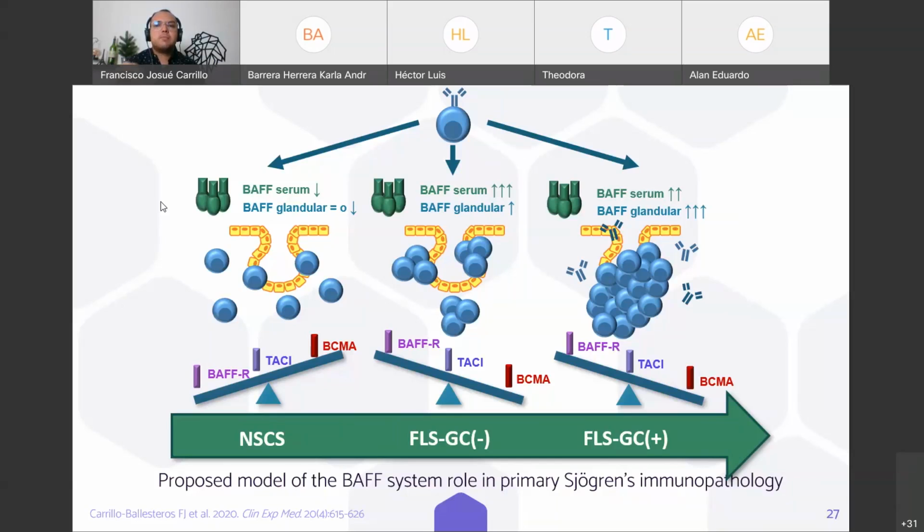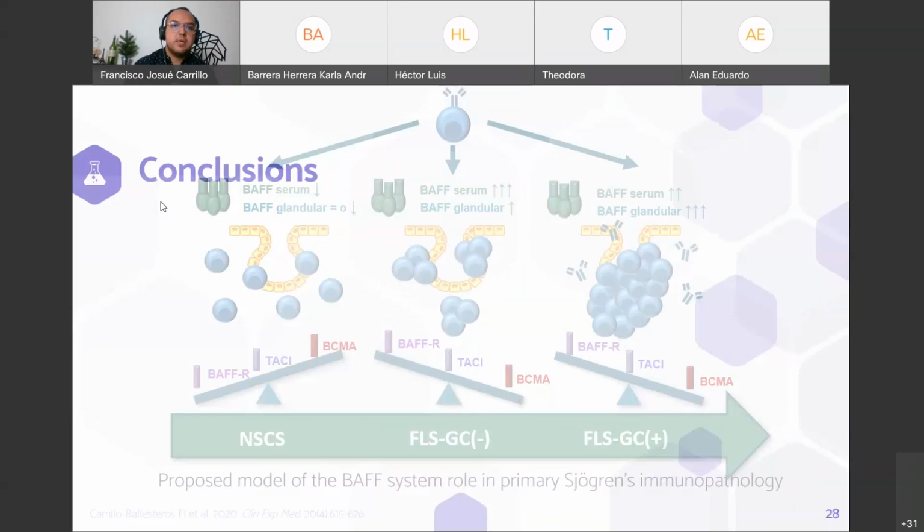So this could be maybe the difference that could explain the different contexts or the different consequences that these patients have, and this heterogeneous spectrum of those patients that have a higher or a severe clinical outcome of this primary Sjogren disease.